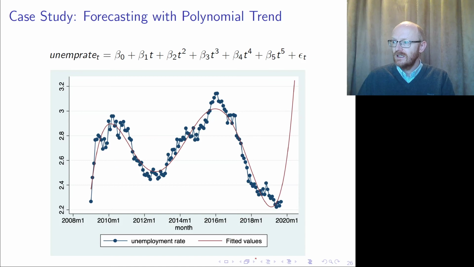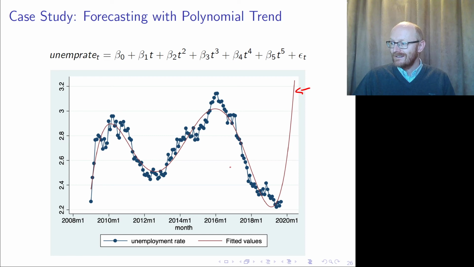And how can we say that this is not a very good model for forecasting? Well, if you plug in higher values of t in your model to make a forecast longer into the future, then by using our model you would get this forecast that the unemployment rate should just shoot up in the air here.